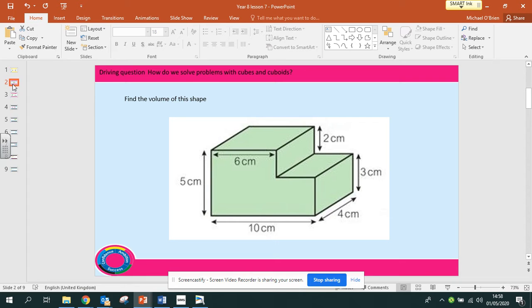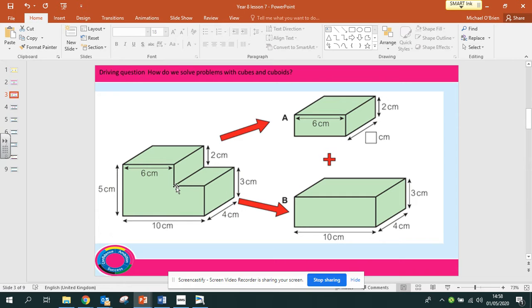The way that I've chosen to do it is to slice it across here. If I slice the top straight off it, I get these two shapes, here and here. The way that we're going to work these out is to find the volume of this cuboid, find the volume of this cuboid, and add them together. That plus sign there is there for a reason.